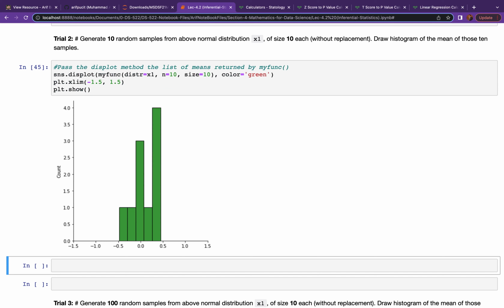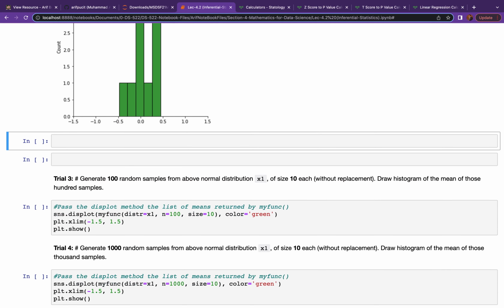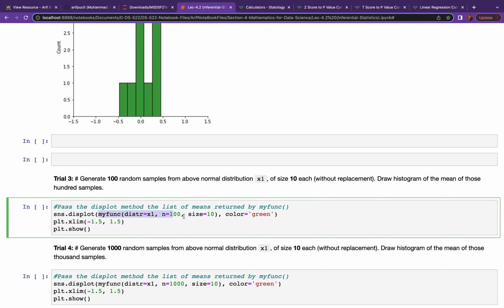Once again, this is not normally distributed. Let me increase the size now. This time again, I am calling that function with the same distribution x1, but this time I am drawing 100 samples of size 10 each.